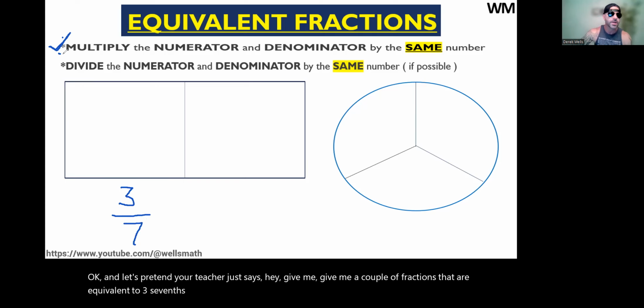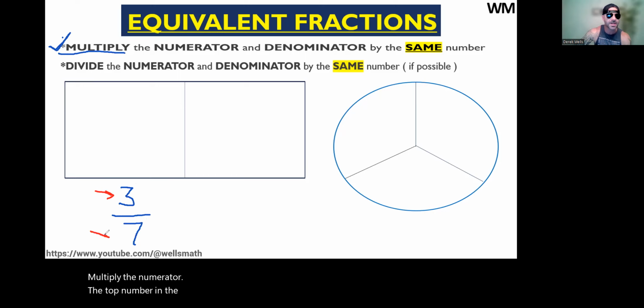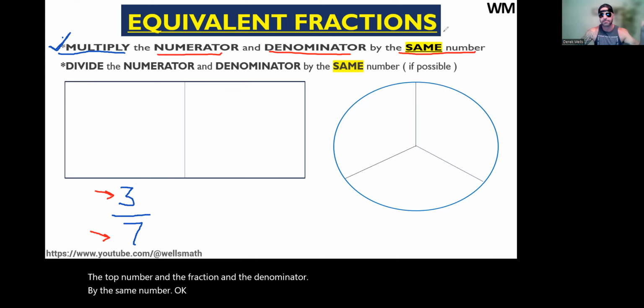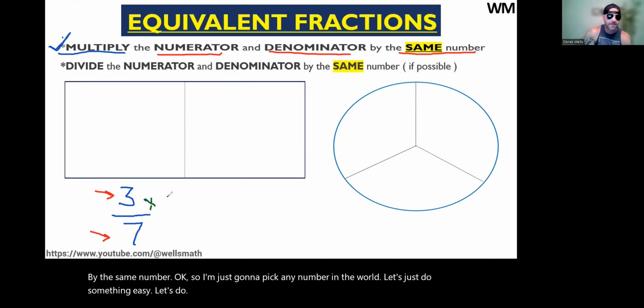Well, look what I have up here. It just says multiply the numerator, the top number in the fraction, and the denominator by the same number. Okay, so I'm just going to pick any number in the world. Let's just do something easy. Let's do times 5. That's an easy number to multiply.